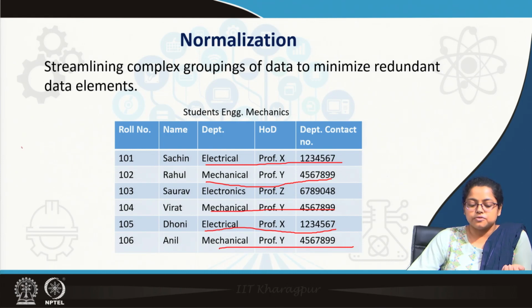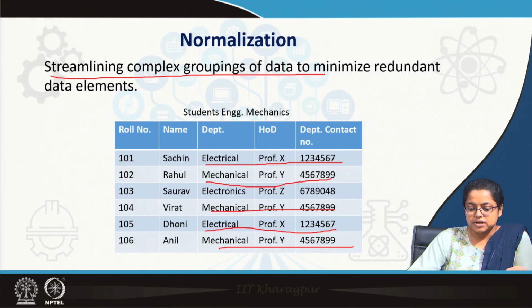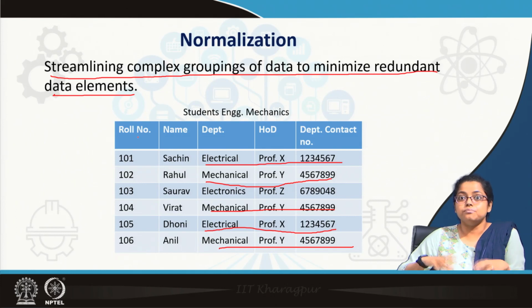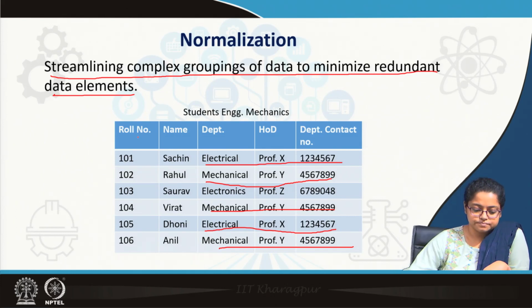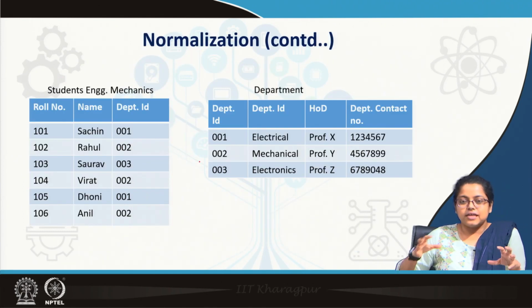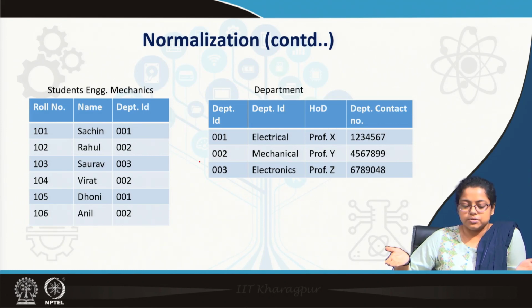Here comes the concept of normalization, which is streamlining complex data groupings to minimize redundant data elements. Let us see how this can be improved through normalization. In order to normalize, the previous table that we saw is now split into two smaller tables.